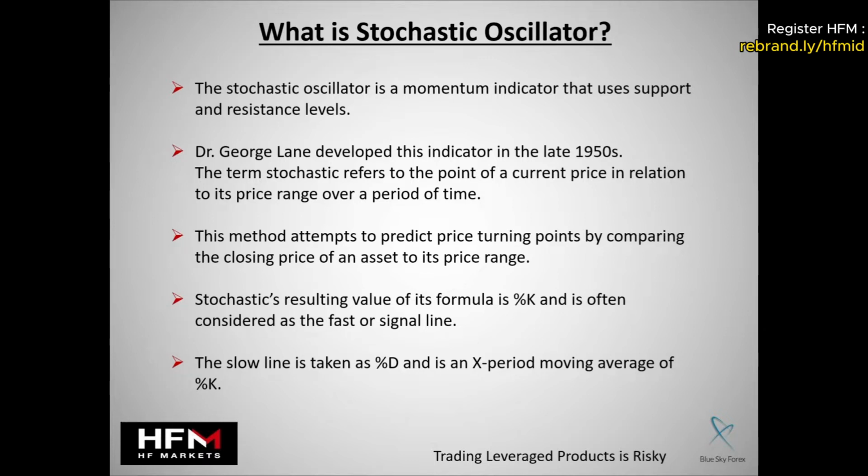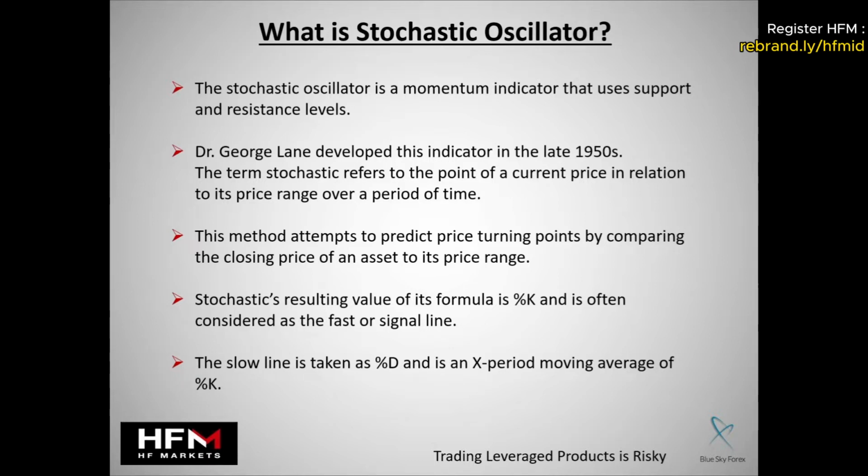The term stochastic refers to the point of a current price in relation to its price range over a period of time. Now this method attempts to predict turning points by comparing the closing price of an asset to its price range. So price range is taken into consideration here along with the closing price, and the resulting value of the stochastics calculation is represented as the percentage K line, and is often considered the fast or the signal line.